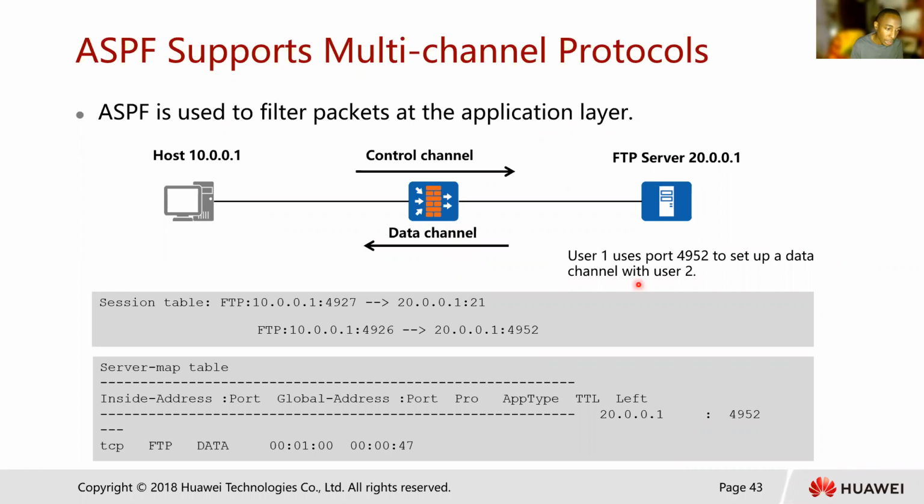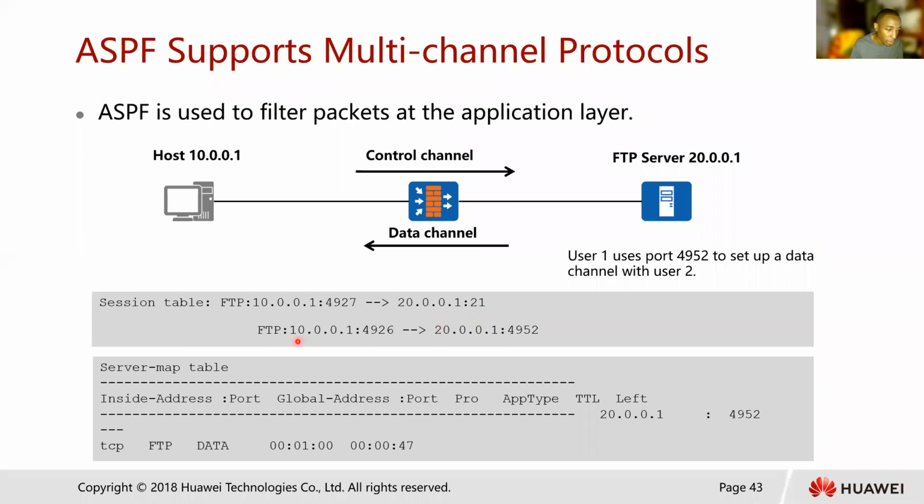So look at this. User 1 uses port 4952 to set up a data channel with user 2. You can see that. So what happens? Look at the session table. FTP 4927 is going to port 21 of the server.